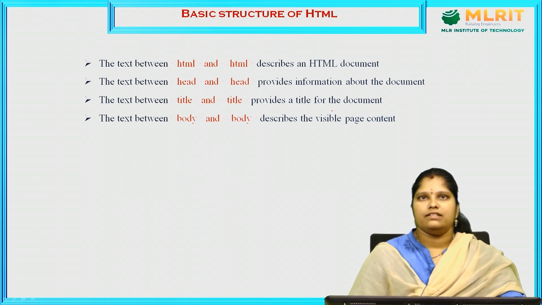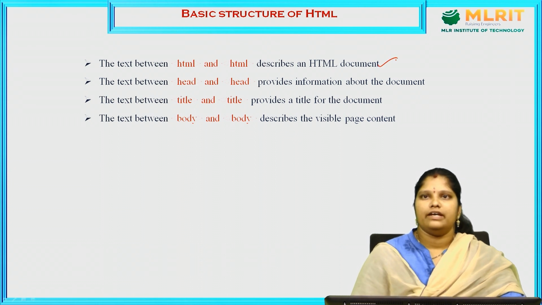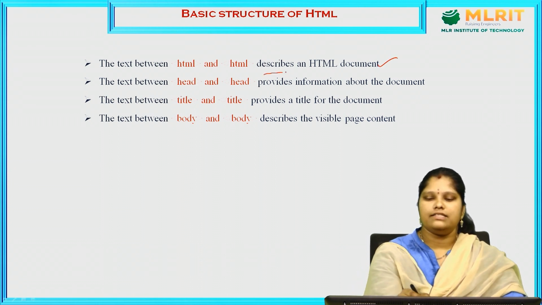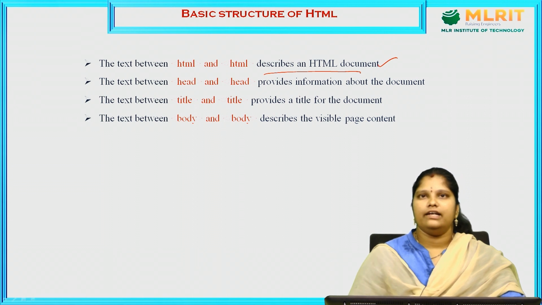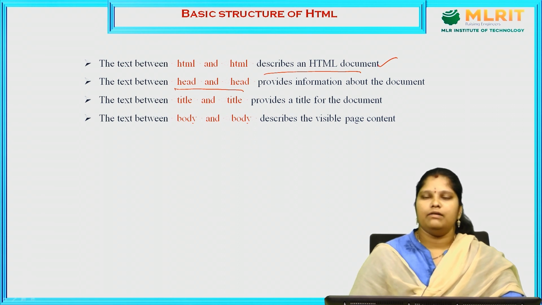And next one is the basic structure. Already we discussed it in the previous class, and this is the basic structure. First we need to use the html tag, and it describes the HTML document. The next tag is the head tag, which provides information about the document.